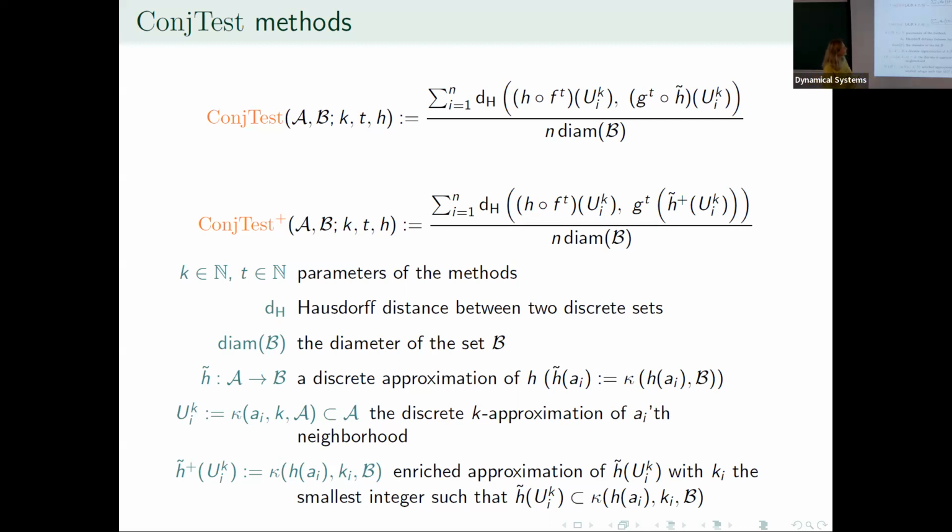So that means that the Hausdorff distance would be small. We chose a Hausdorff distance here, but I think it's also possible to consider some other metrics between sets.